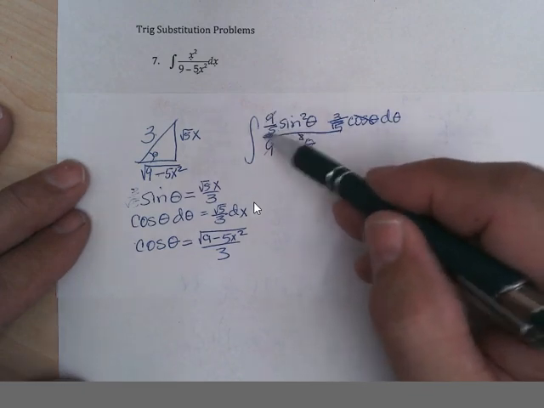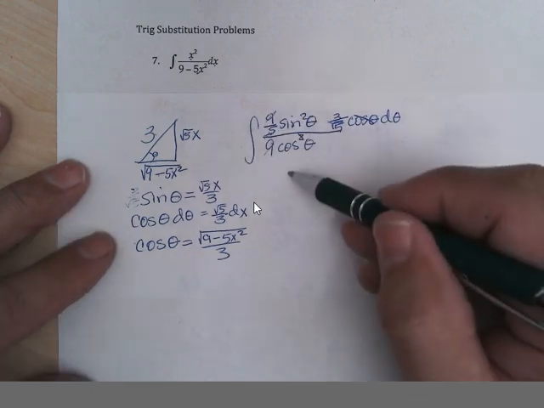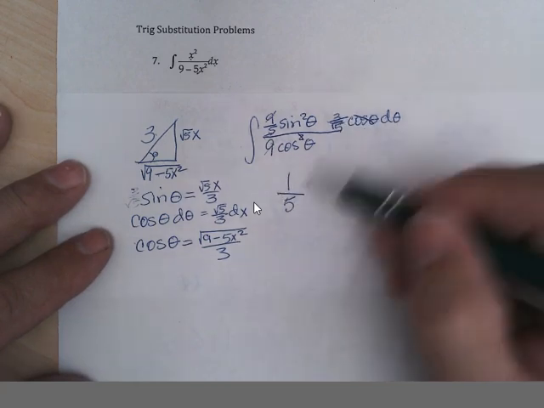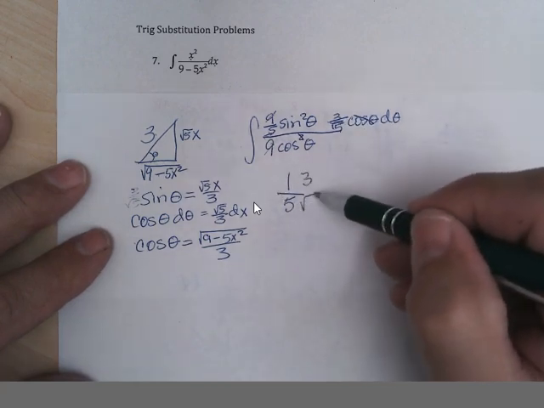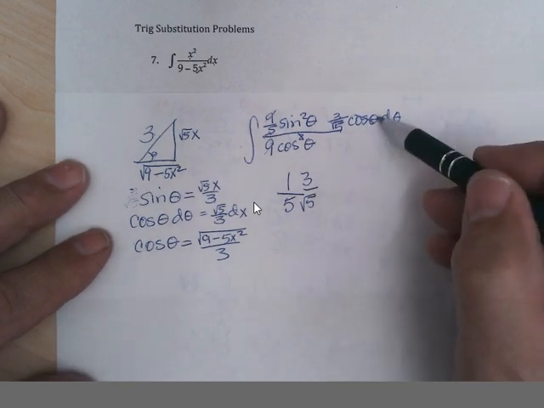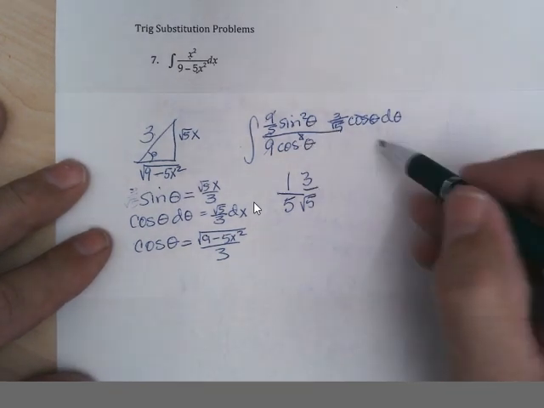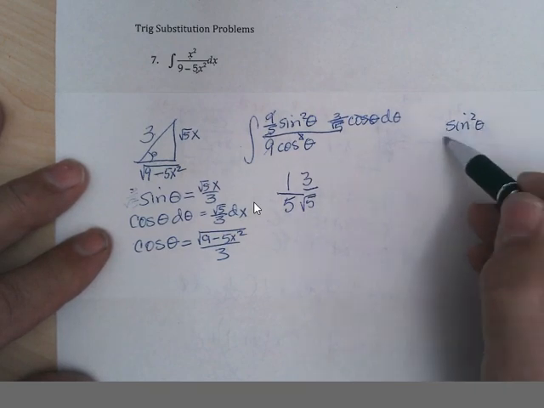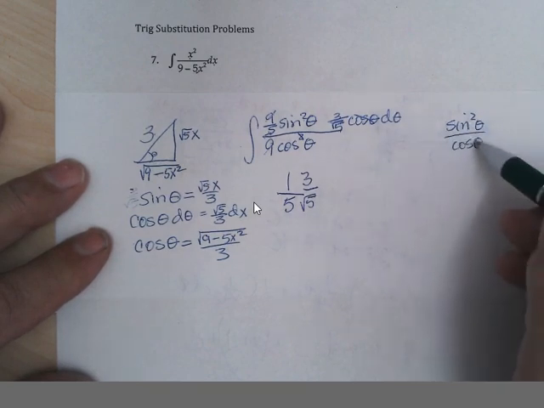That 5 would come out in the denominator. And this would be 3 over the square root of 5. And no cosines, so I got sine squared theta over cosine theta.